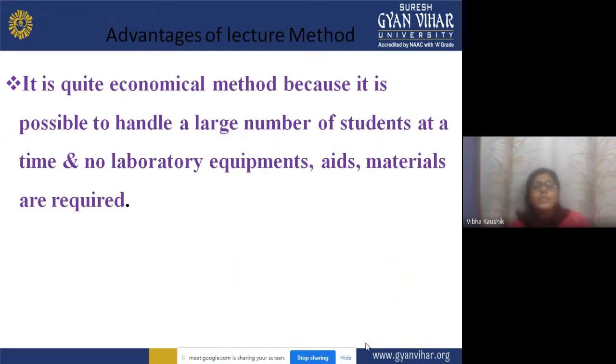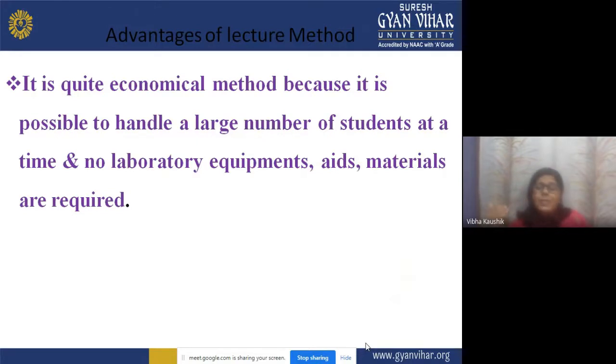Now, next is advantages of lecture method. What are the different merits or advantages of lecture method? It is quite an economical method. You don't have to spend so much money when you are using lecture method to teach the students, because it is possible to handle a large number of students at a time.